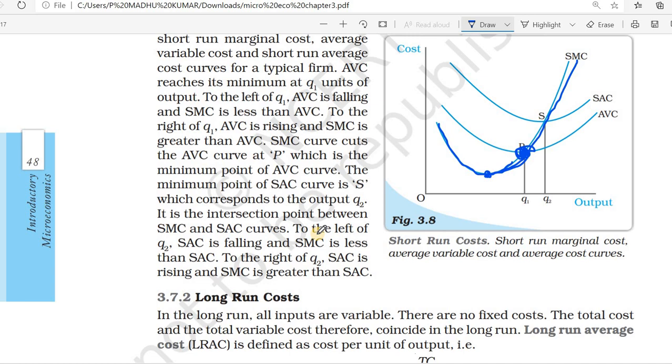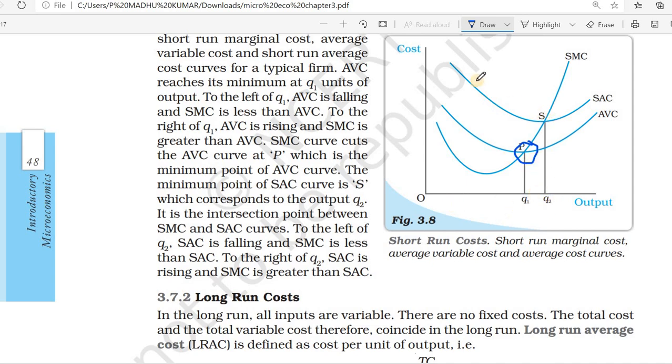Then here we can see the short run marginal cost curve, the average variable cost curve and the short run average cost curve. In this diagram we can see the AVC curve, which the SMC curve cuts at the point P. This is the point P, the minimum of the AVC. There the SMC curve cuts the AVC.